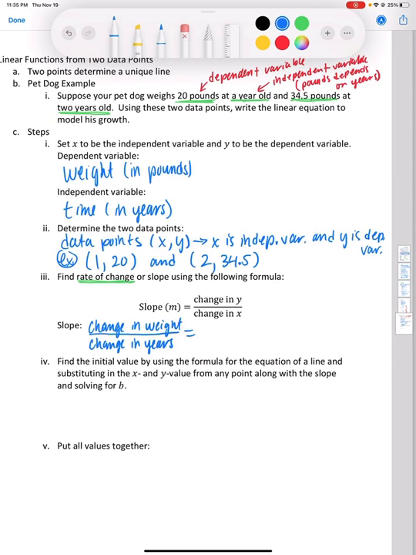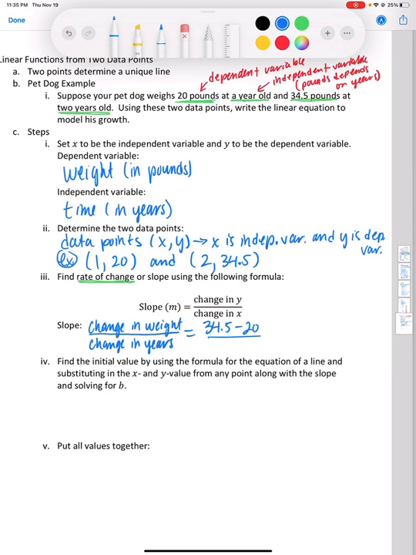Okay, so we're going to define the change in weight by taking the newest weight and subtracting off the old weight. So the new weight in the second year was 34.5 pounds, subtract off the 20 pounds it was in the first year. The change in years was the second year minus the first year.